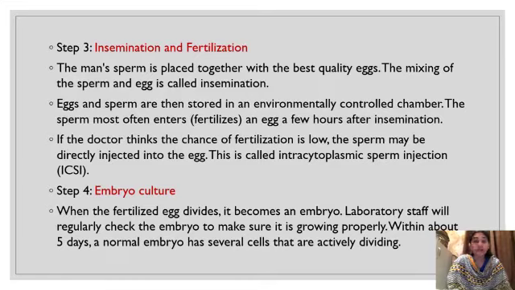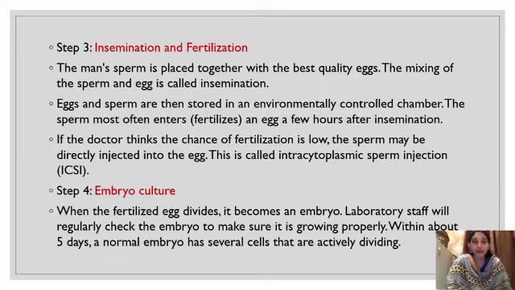The egg and the sperm are placed together in a laboratory dish in some environmentally controlled chambers, and the sperm and the egg will mix with each other, and the egg will be fertilized by the sperm itself. But in case fertilization is not taking place by itself, then the doctors inject the sperm directly into the cytoplasm of the egg.